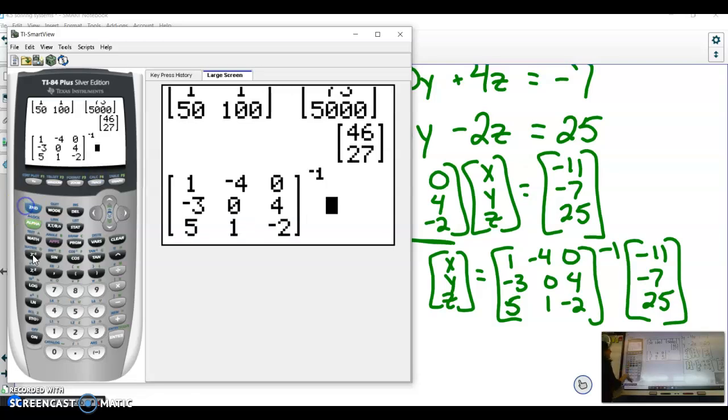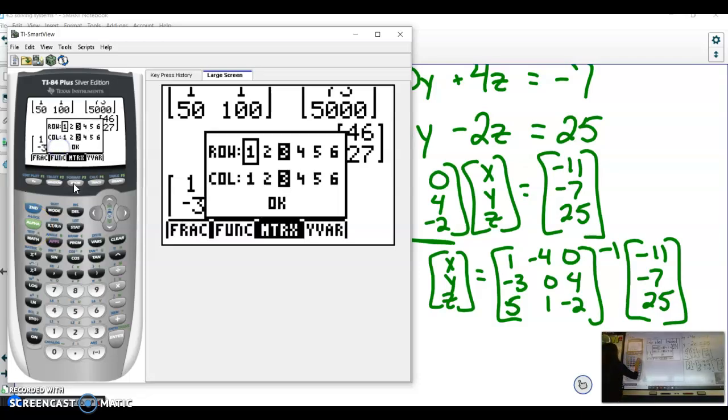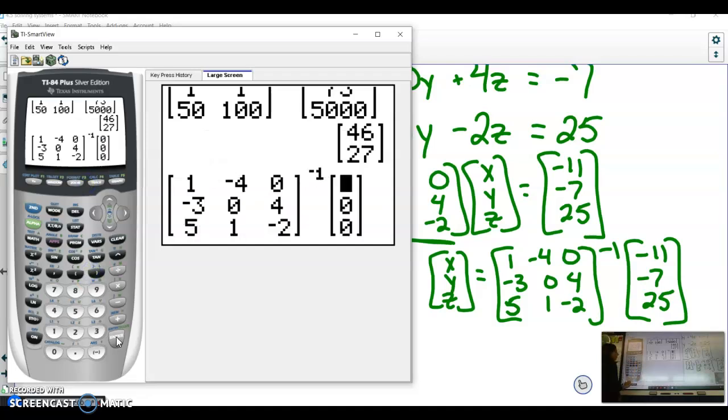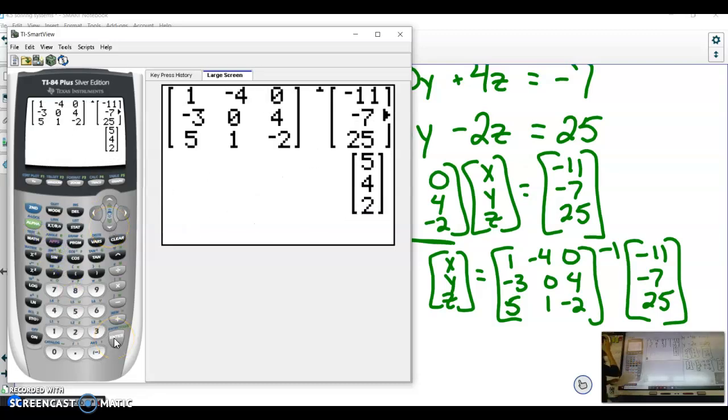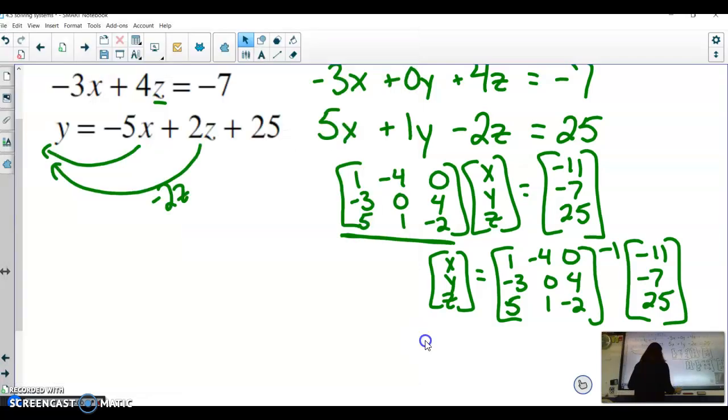And remember, you have to take the inverse of that, so don't forget the little negative 1 because you're taking the inverse of that matrix times the constant matrix, which is a 3 by 1. So negative 11, and then negative 7, and then 25. Hit enter, and the answer is 542.